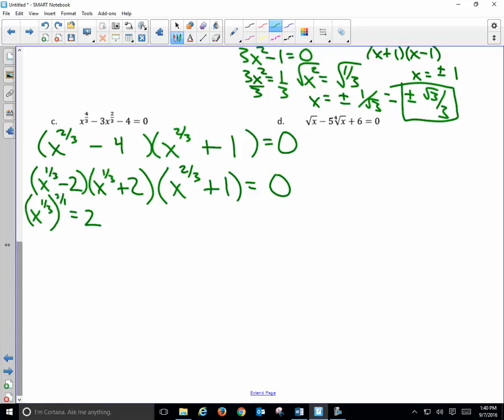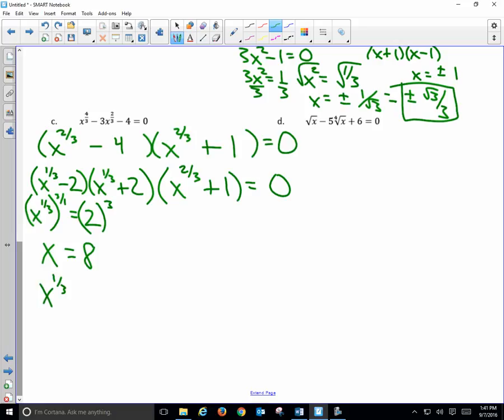Because when you take a power to a power, you multiply, and 1/3 times 3 is 1. So you get x to the 1. That's what's happening algebraically, right? So then 2 to the 3rd is 8.